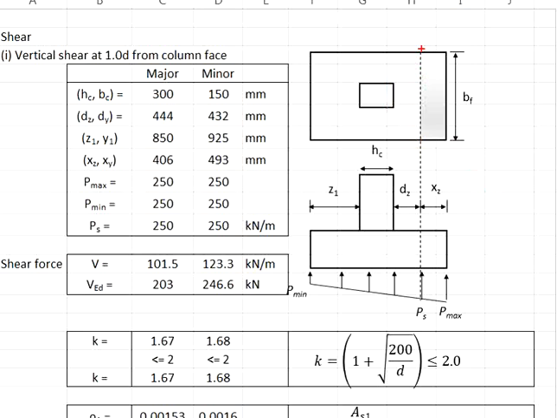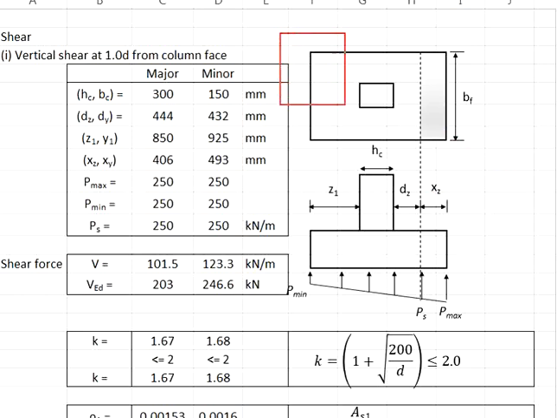Knowing the locations of this shear plane, we will need to get this area multiplied with the soil pressure. This will give us the VED. In order to get this shear area, you will need to first get this distance.